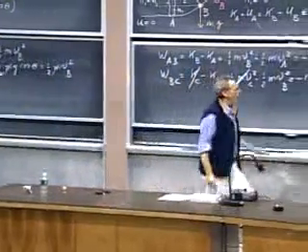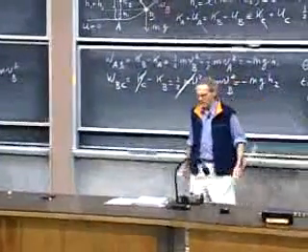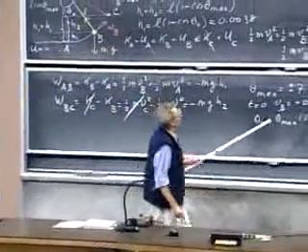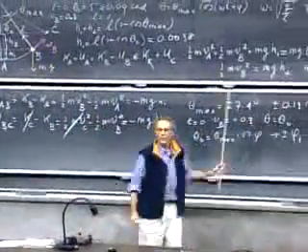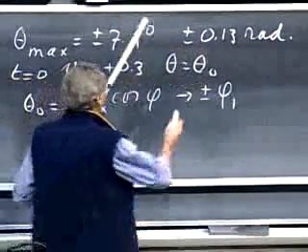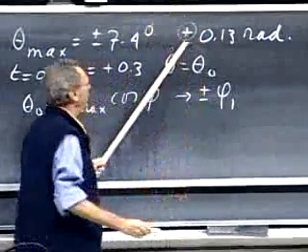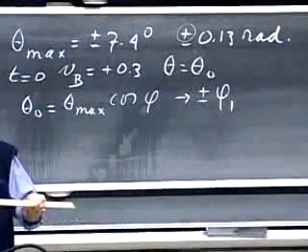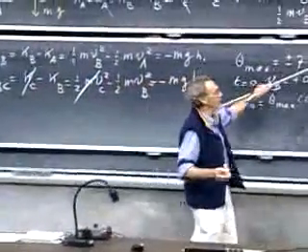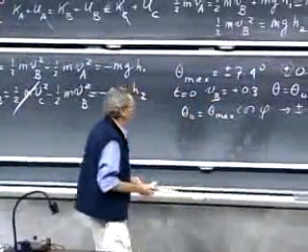So now we have to find out which of the two it is. By the way, when you find that theta maximum equals plus or minus 0.13 radians, you could have picked either plus or minus. I picked the plus. If you would have picked the minus, you would have found a different phase angle. Just want to remind you that I picked the plus in whatever follows.